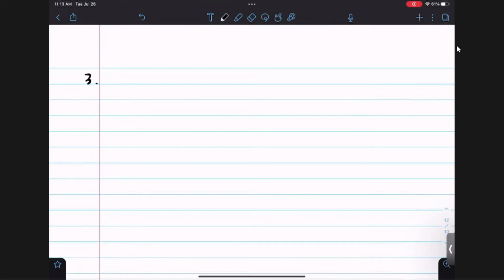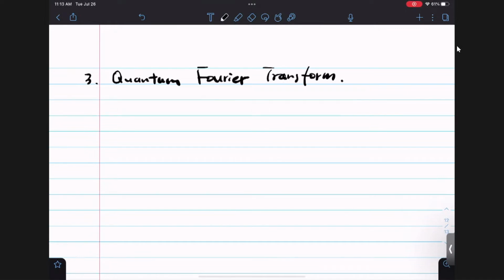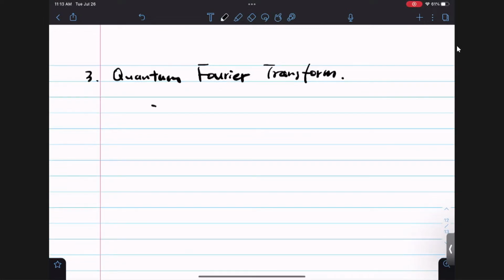So let me directly introduce this unitary transformation, which is arguably one of the most important unitaries in quantum computing. Consider a computational basis state, which I denote as ket j.